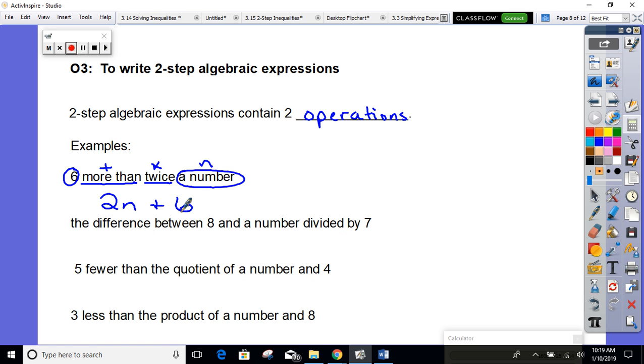Okay, the next problem, Mason, what are the 2, or actually in this case, 3 numbers that we're going to use? 5. No, not this one. 8. Uh-huh. 7. Uh-huh. And a number. So again, I'm going to use n.